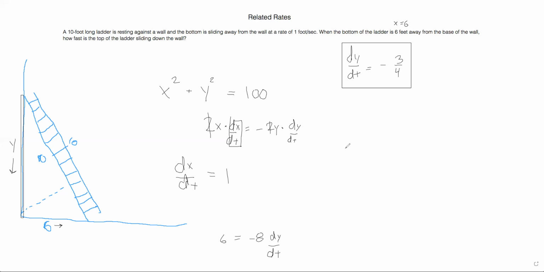Let's see if we can do maybe one more. So we have a water tank that's in the shape of an inverted cone with a base radius of 2 meters and a height of 4. So I'm going to draw a picture.